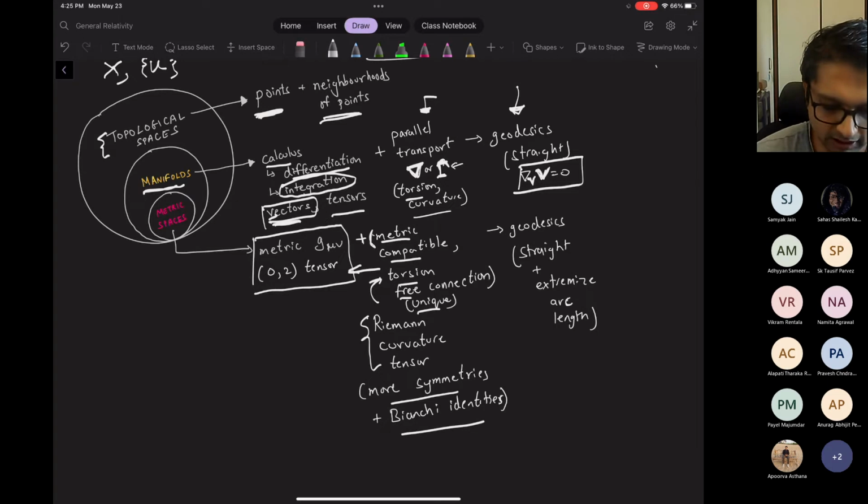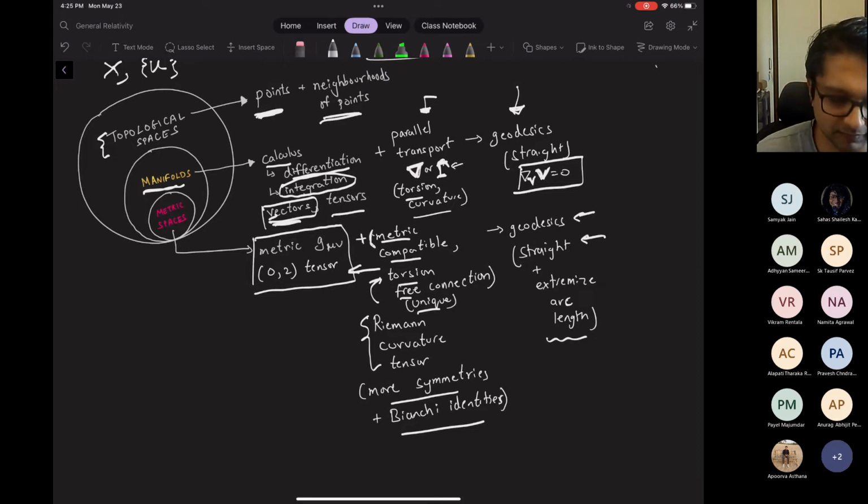Once you take this kind of connection, the metric connection, then geodesics are not just straight lines, that is, the tangent vector doesn't just remain parallel to itself, but it is also the shortest or longest distance between any two points on the manifold. So it also extremizes the arc length.